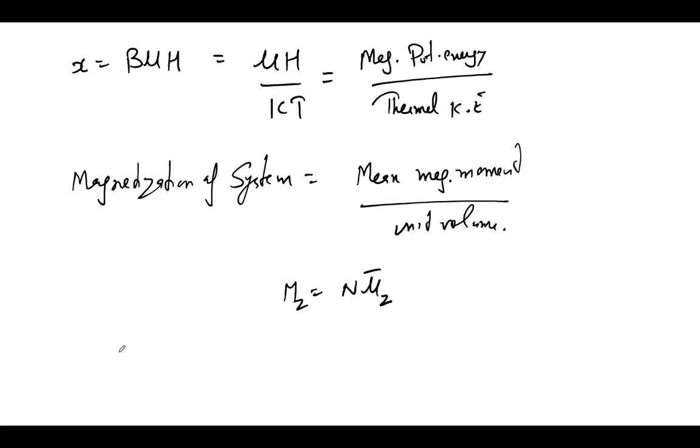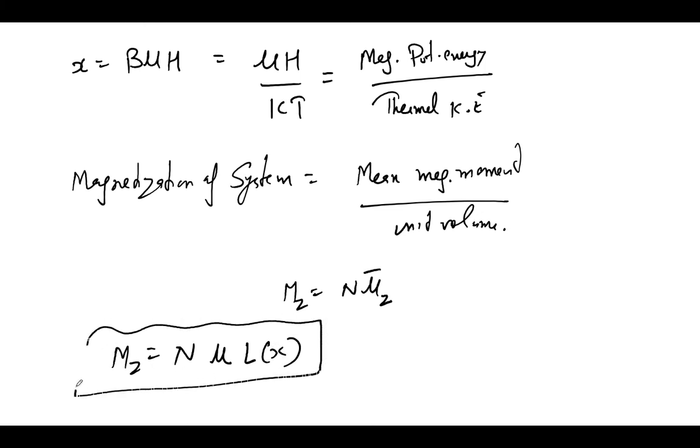So Mz, putting the value of this mu z bar, is equal to n mu times this Langevin function. From this Langevin function we can check how the magnetization of this system changes with respect to change in temperature. So let us do some cases.